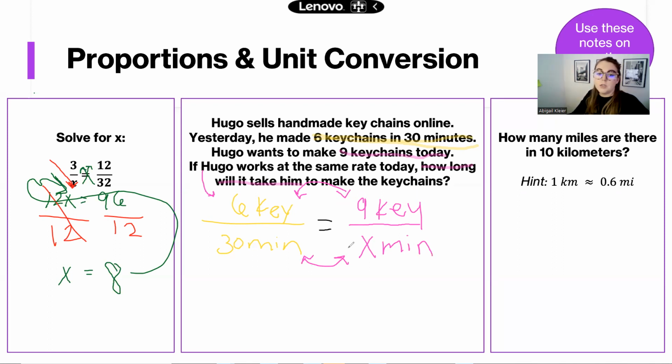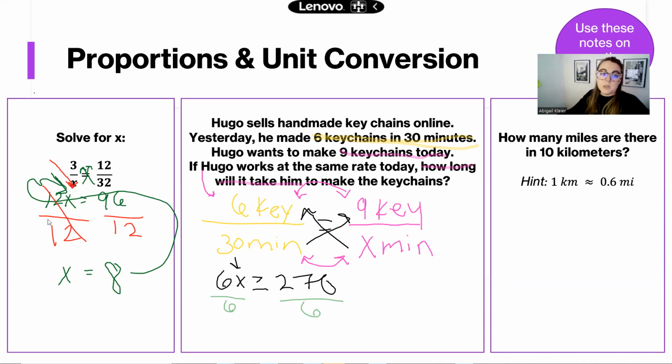Now that I've set up my proportion correctly by putting the same thing in the same location, I can cross multiply. 6 times x is 6x. And then I have 30 times 9, which is 270. Again, I need to isolate my variable. To isolate my variable, I'm going to divide each side by 6.